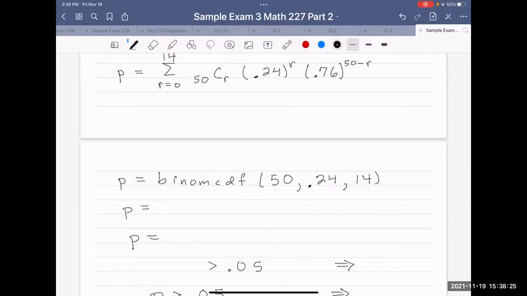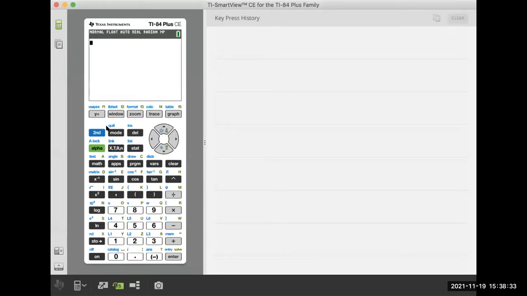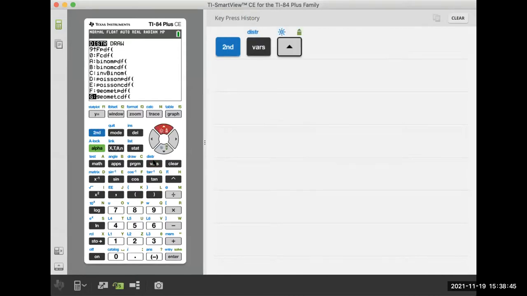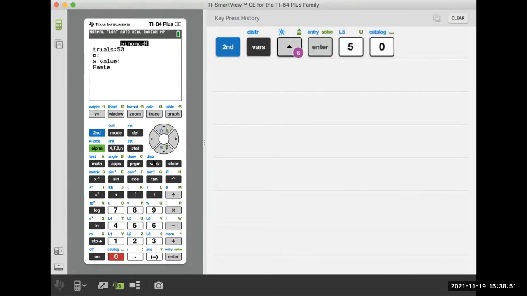So let me do that on my calculator. Here it is. Second distributions. Go to binomcdf. Number of trials is 50.